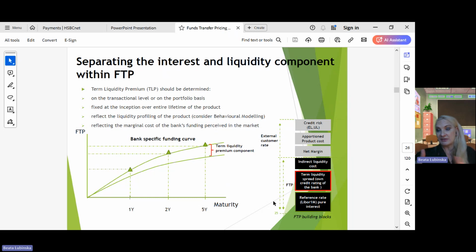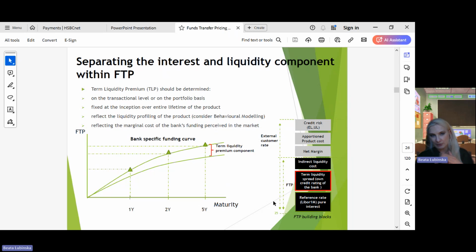So by each tenor you have the marginal cost of funding. Why marginal? Because it's not the average cost of funds. It is the cost of funding 1 new unit of the asset by your liability. So how much you have to pay by raising an additional 1 unit of liability to fund your 1 unit of assets.